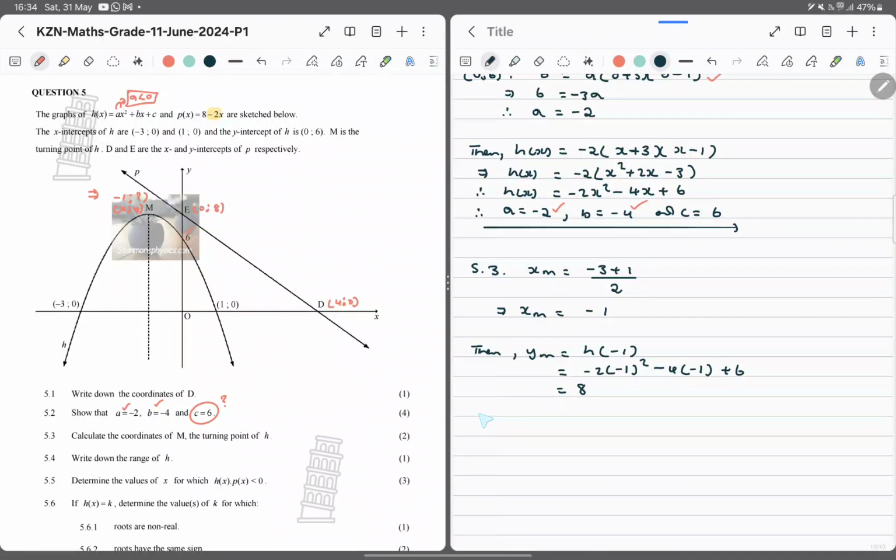So therefore M is the point minus 1 and 8.